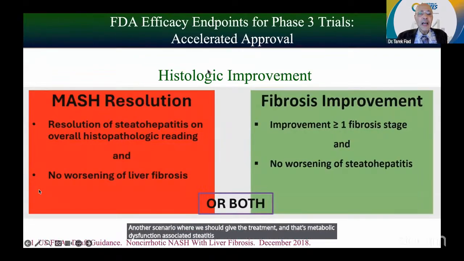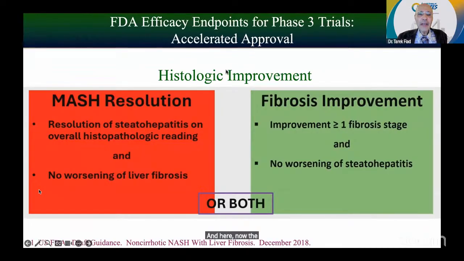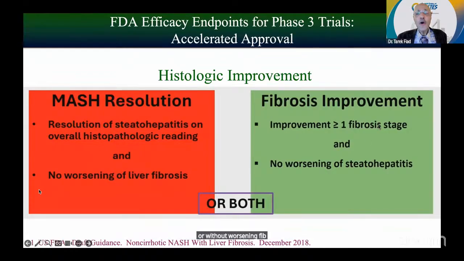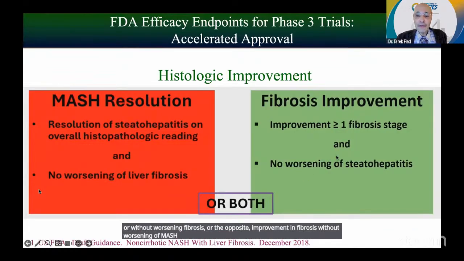And here the FDA would say to get an approval, you need to show demonstration of resolution of MASH without worsening of fibrosis, or the opposite, improvement in fibrosis without worsening of MASH, or without worsening of inflammation, or both of them.